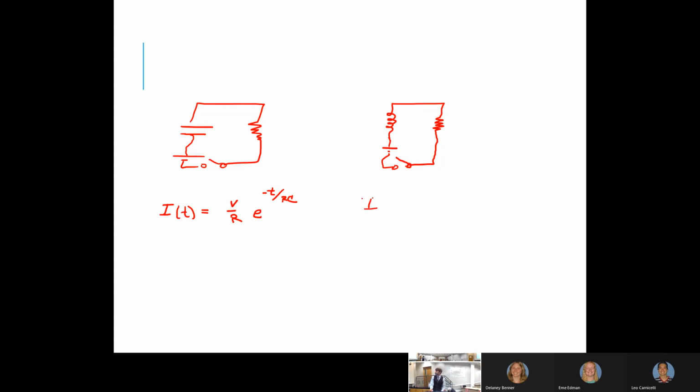Here we'd have something like I(t), and it would still be V over R. Rather than going to zero, what do you think I should put in here? Just out of curiosity.